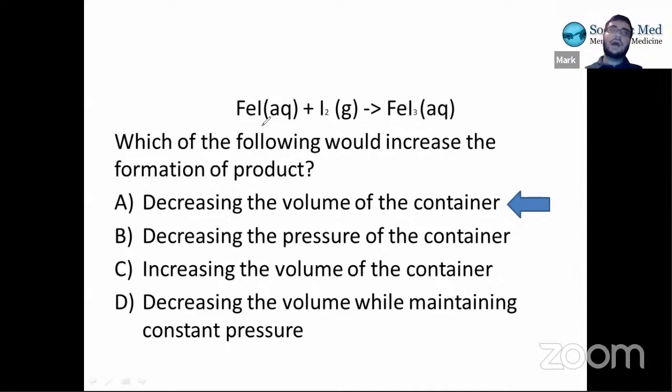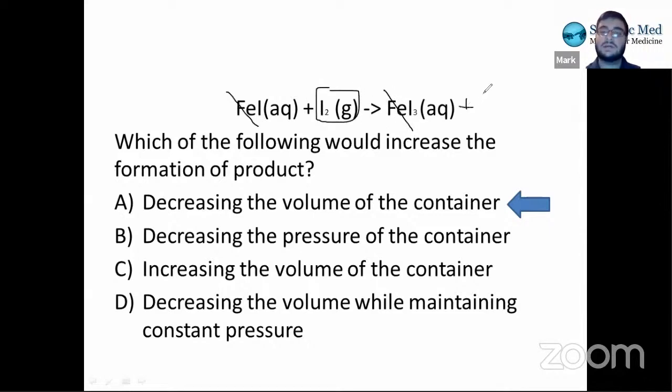If you add 1 to a billion, it's essentially just a billion, like a rounding error. So liquids, solids, and aqueous solutions don't contribute to partial pressure. Only I2, or only gases, do. So increasing the pressure would have no effect on these; all it would do is increase this.